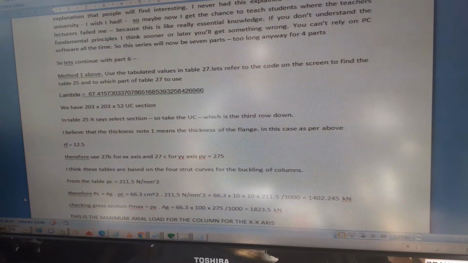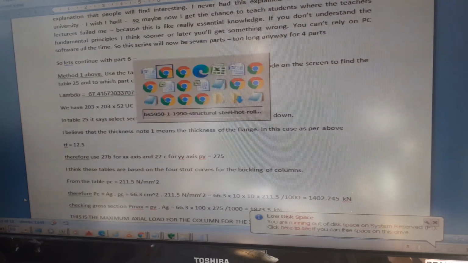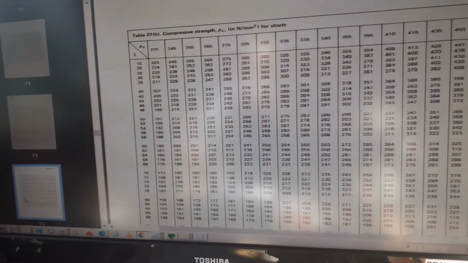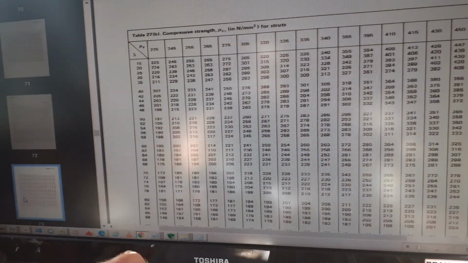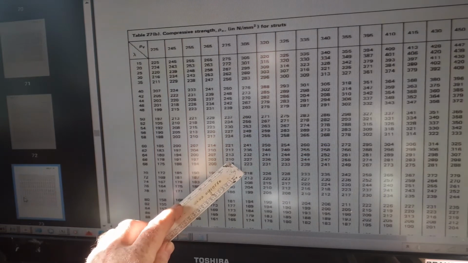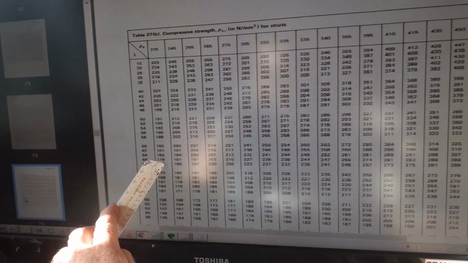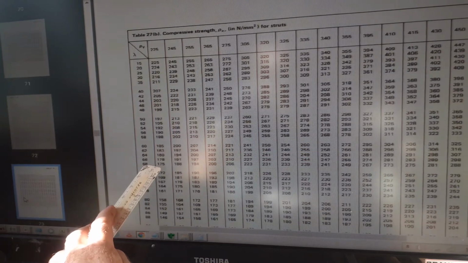So lambda is 67, which basically means it's 207. 210 minus 206 is 4, and 66 minus 68 is 2, so 4 over 2 is 2.